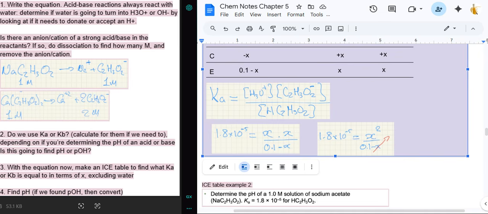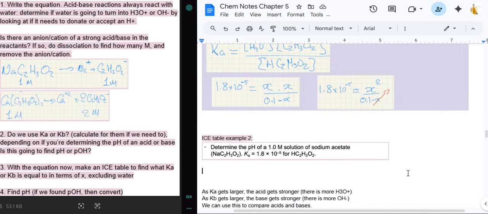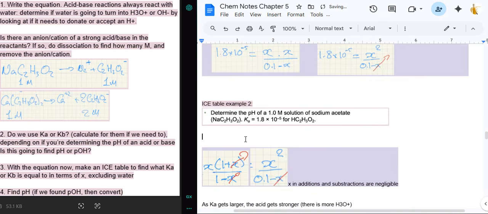Just two examples. Right here, this x can be ignored and this x can be ignored, but this x can't be ignored, and either of these x's can't be ignored because it's multiplied.